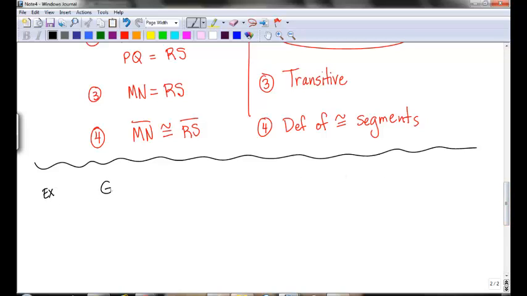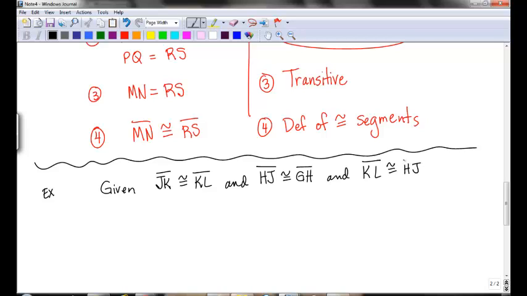Okay, let's say you're given segment JK is congruent to KL, segment KL, and HJ is congruent to GH. And one more thing, segment KL is congruent to HJ.